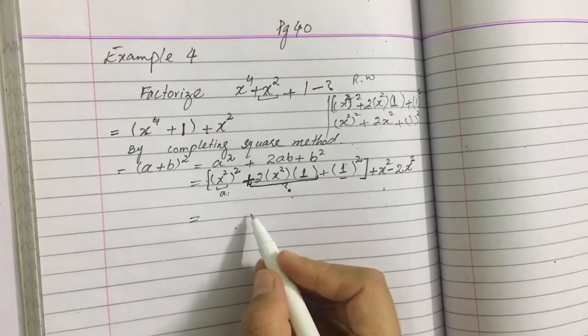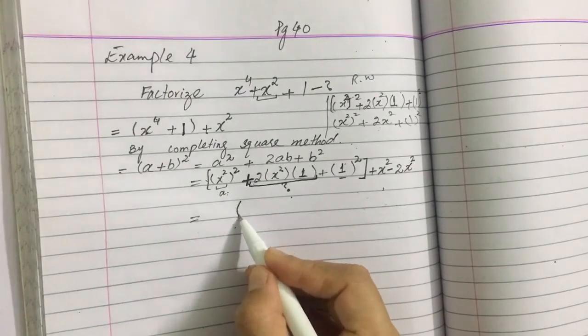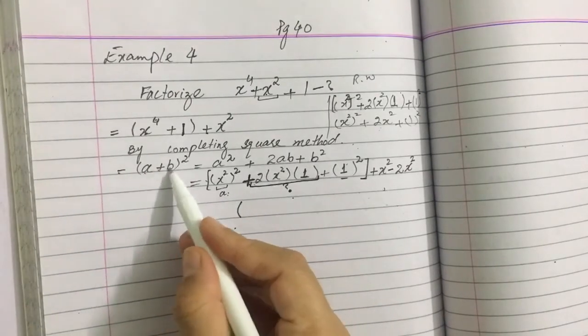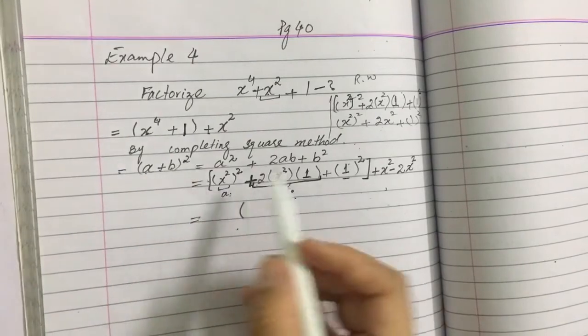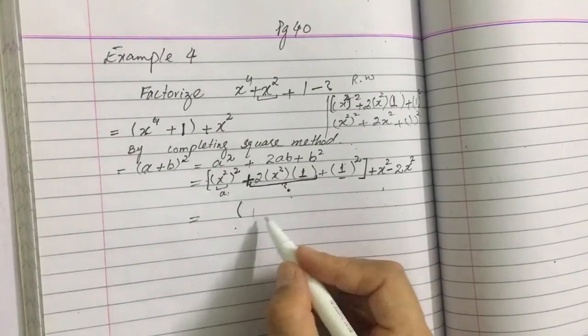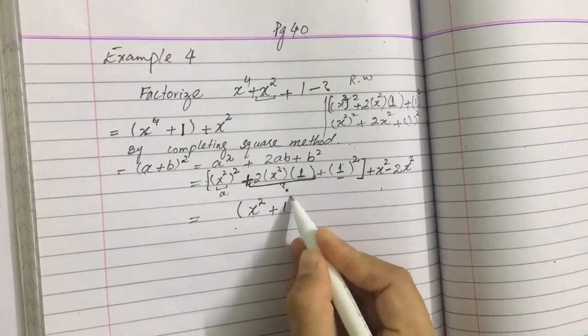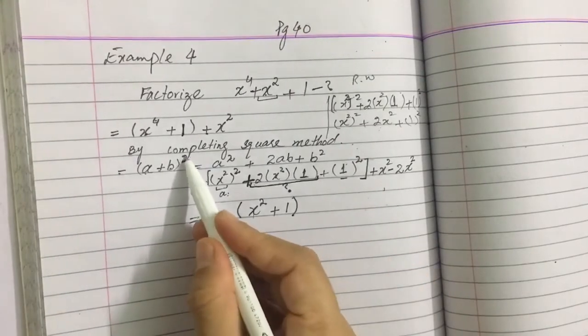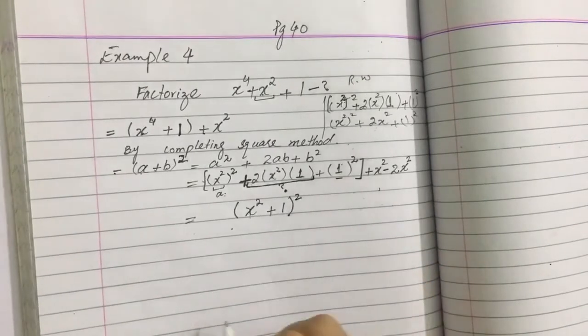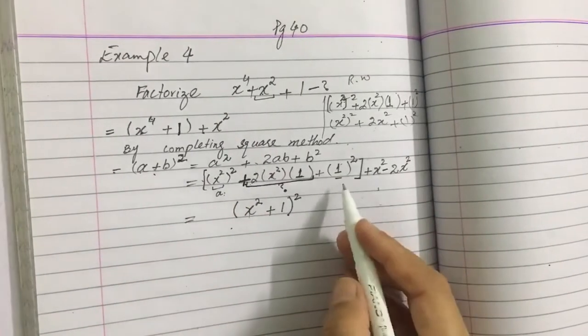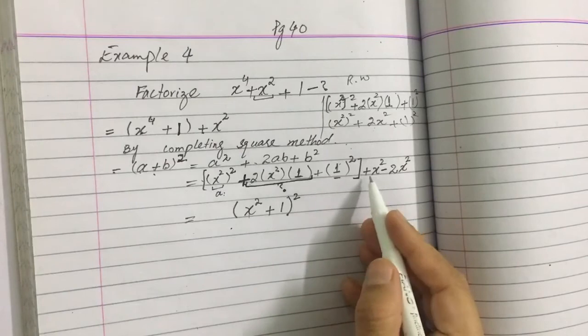This value will be written in a plus b whole square form, where value of a is x square and value of b is 1. We have to write it in squared form because we are going to apply this formula.